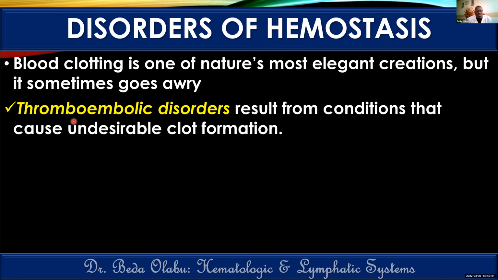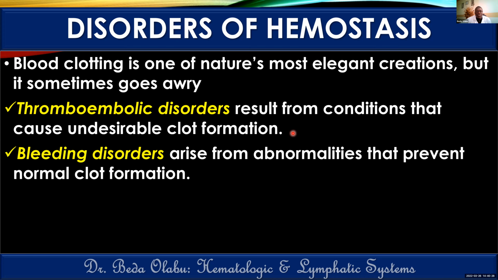We have thromboembolic diseases. These are diseases which result from conditions that cause undesired clot formation. You know, things like deep venous thrombosis and the like. So you have just clotting within the vascular system. You don't want them, but they're happening.